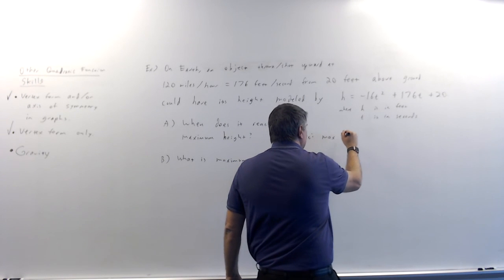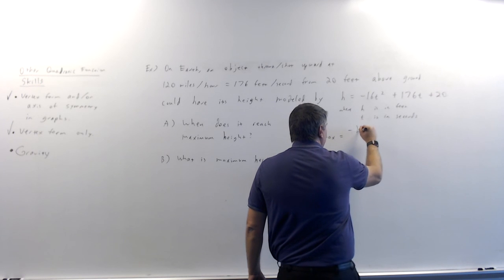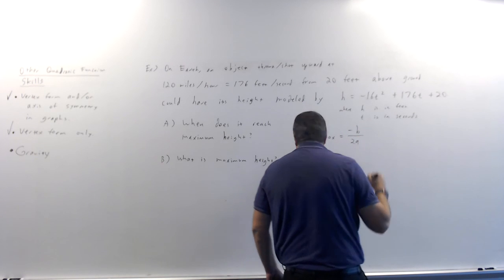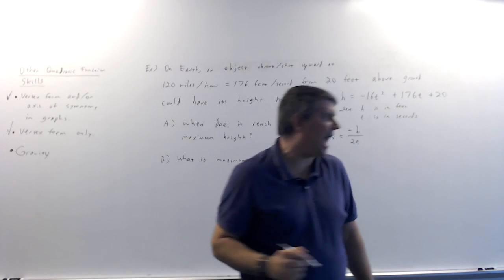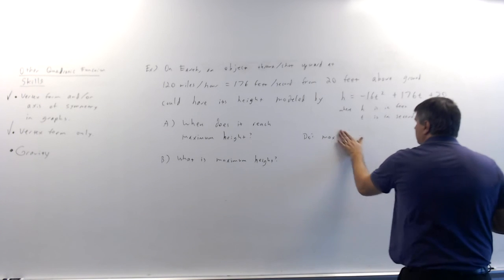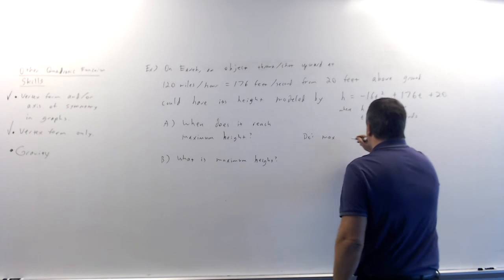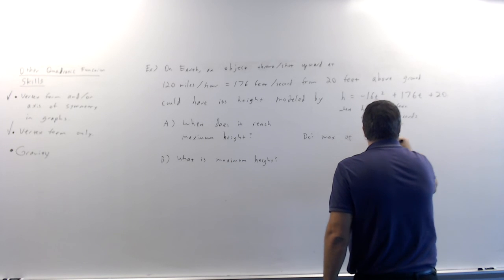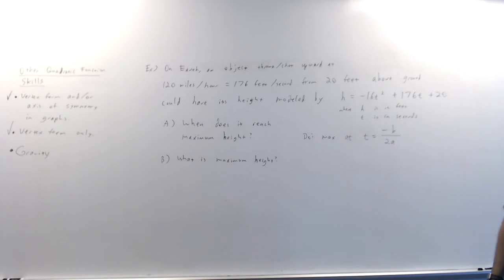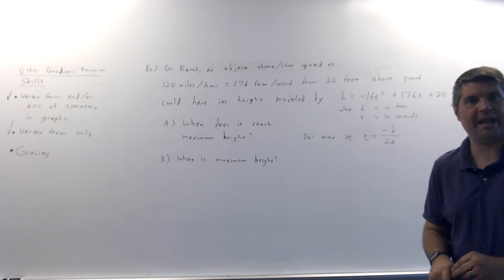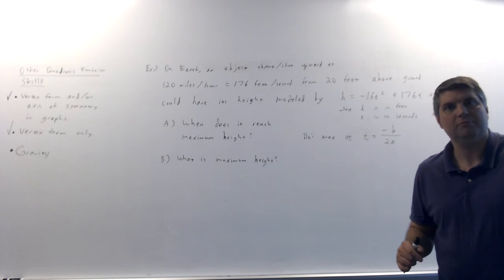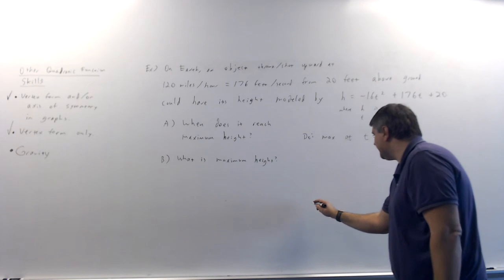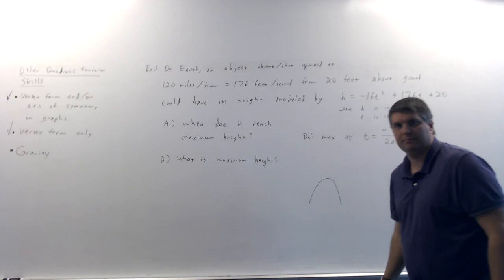So here we go. Max at t equals negative b over 2a. All right? That is the formula for the x-coordinate of the vertex on a parabola, because these things take this shape.